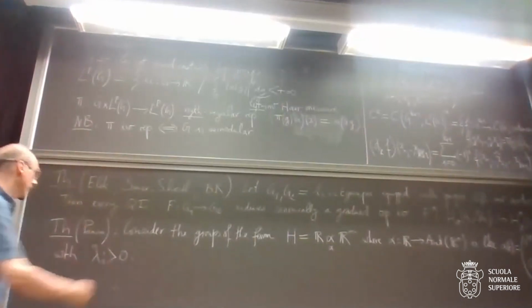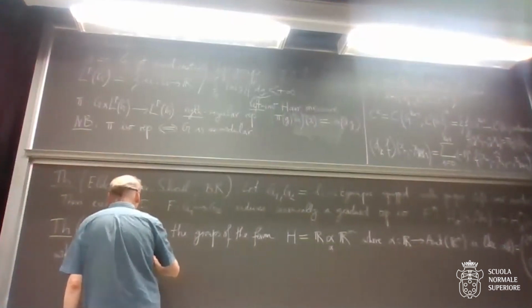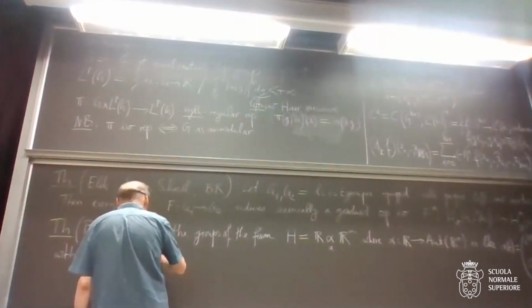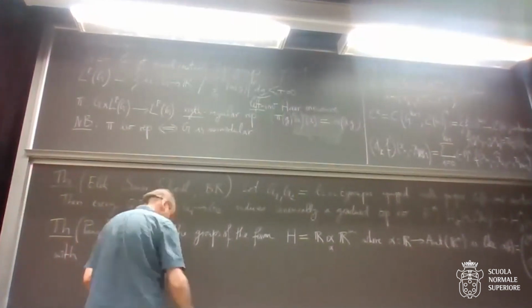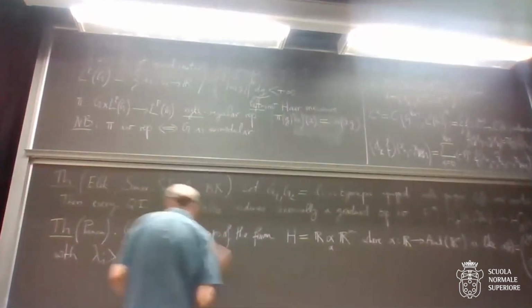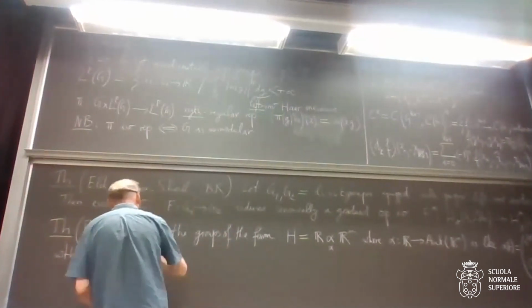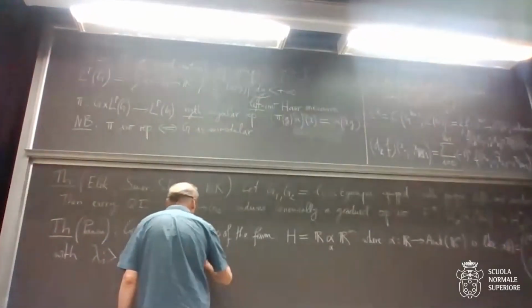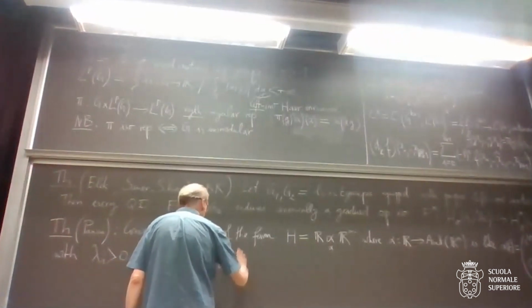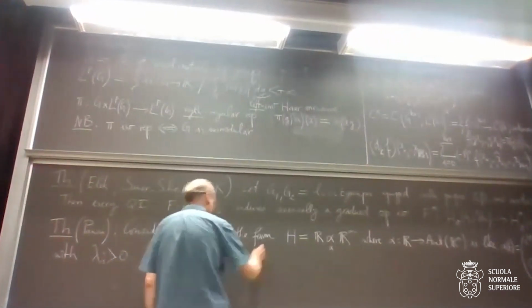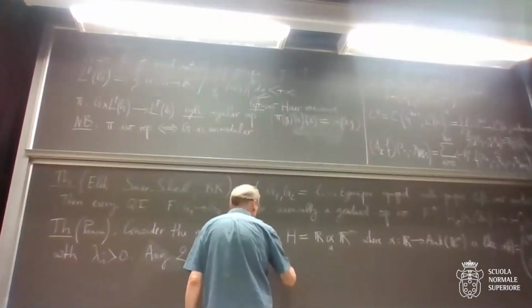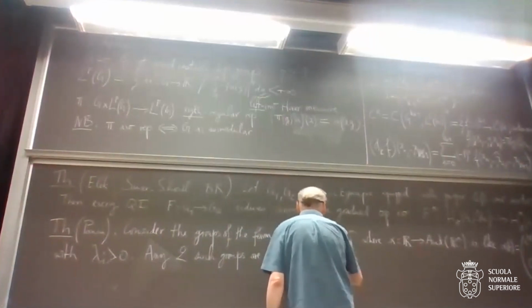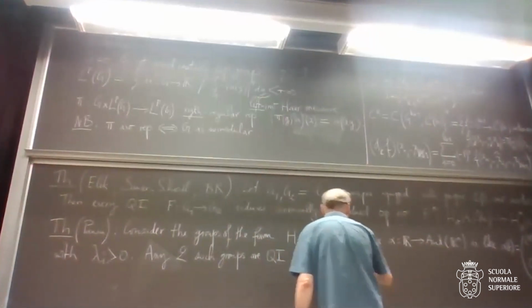Then what Pansu says is that any two such groups are quasi-isometric if and only if they are isomorphic.